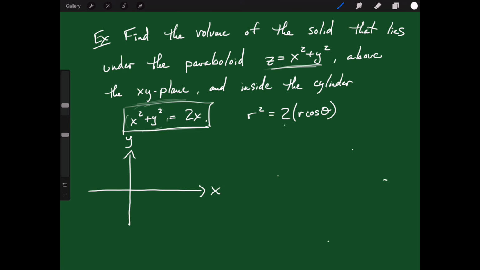I could divide both sides by r here and get r is equal to 2 cosine of theta, which we know is a circle of radius 1, diameter 2, sitting on the x-axis. It's not the prettiest circle I've ever drawn, but you get the idea. Okay, so this is 1. All right, so that's the cylinder, and if I had a z direction, this would be coming straight up.